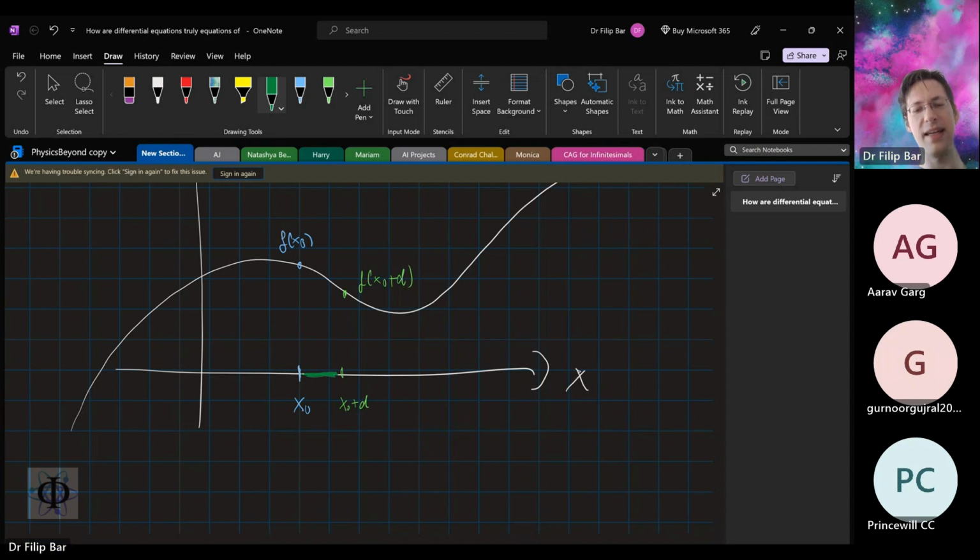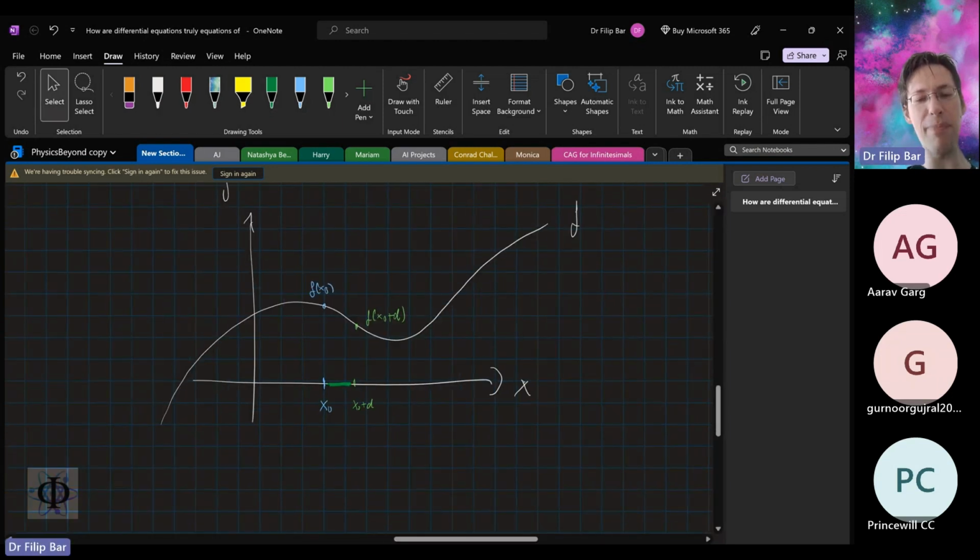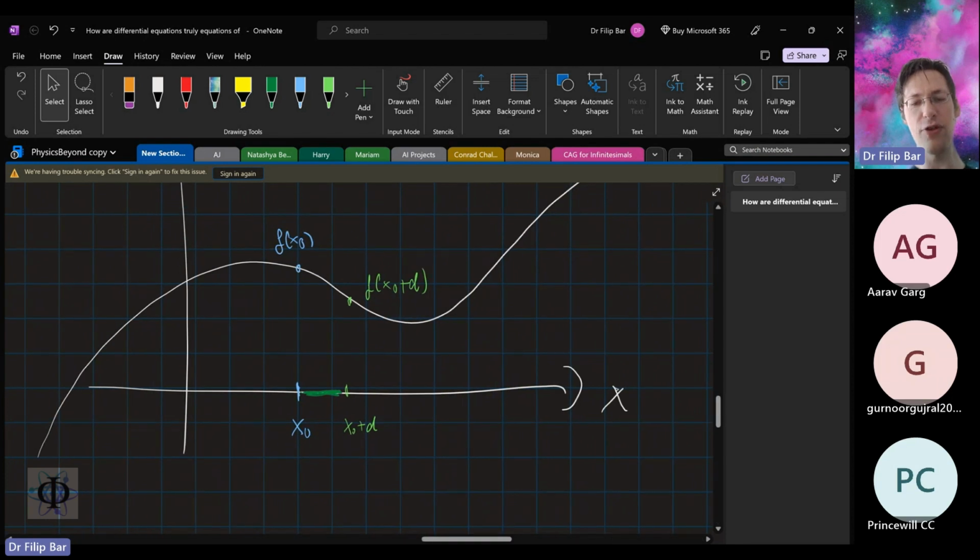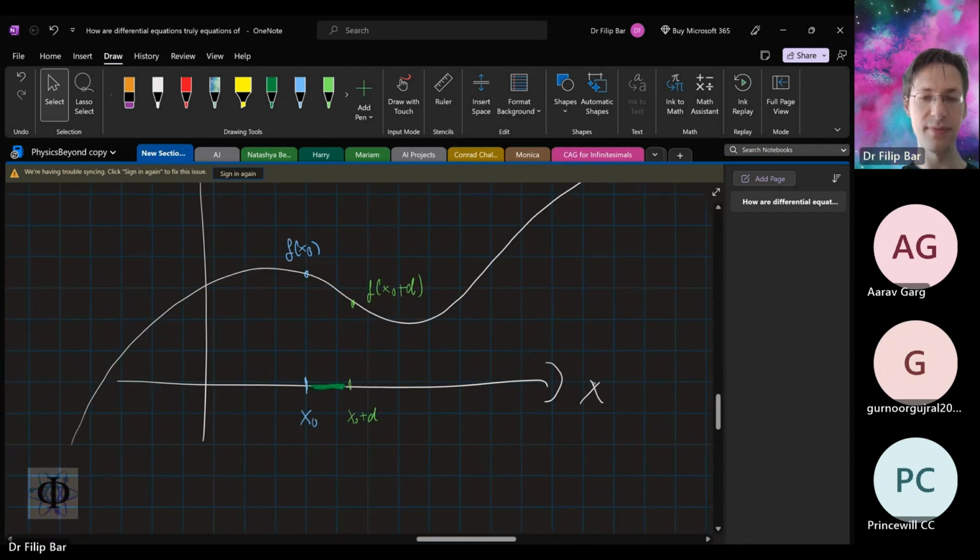Now, if they're infinitely small, how should this function f map those infinitely close numbers? What's the shape that I would want to produce? It would be a straight line. I want a straight line.